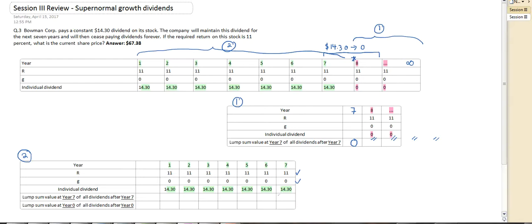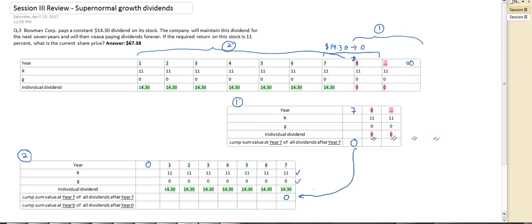In this case, you can do it using the time value of money, or you can use the cash flow function. So let's work on this part that I didn't fill in yet. In order to find the present value at time 0 of all this cash flow from year 1 to year 7, you're going to have the dividend every year plus the lump sum of cash flow from year 8 until infinity, which comes from here, which is 0.